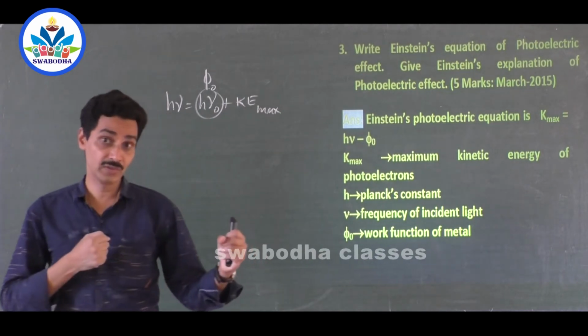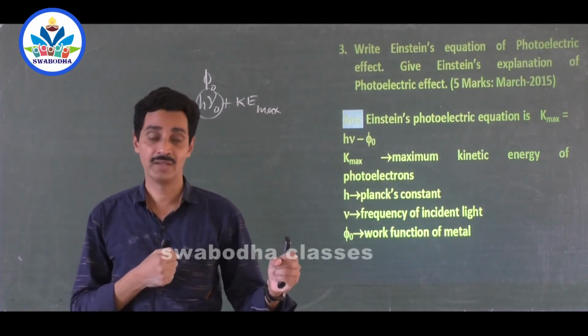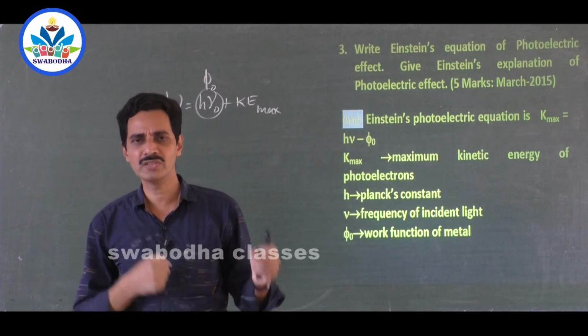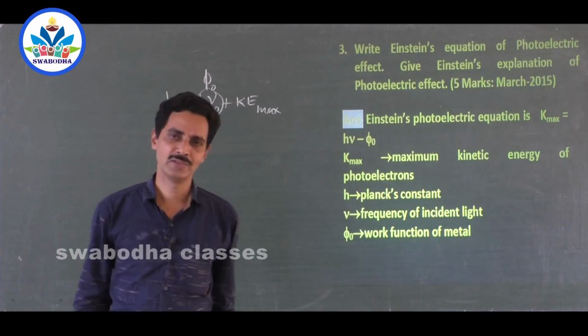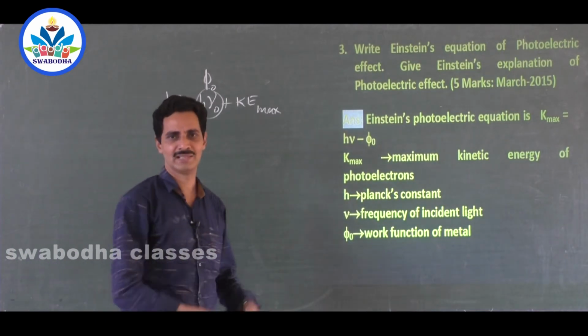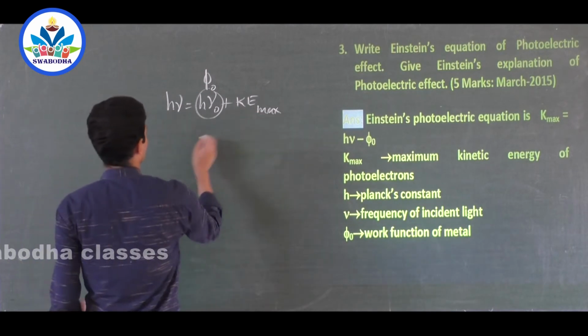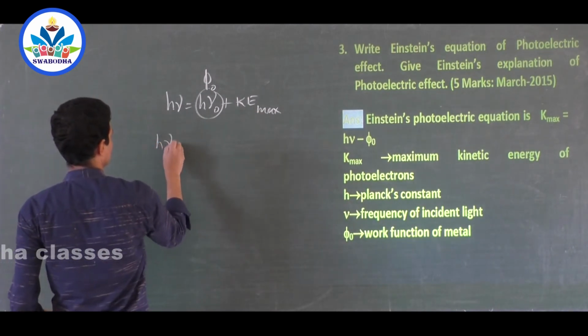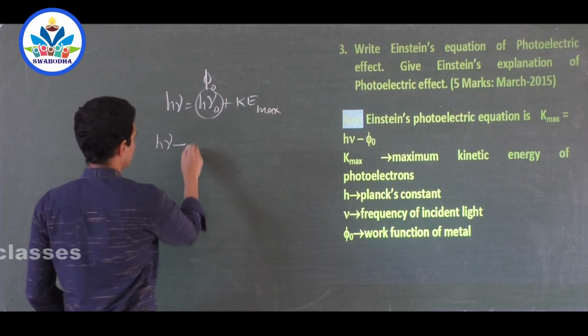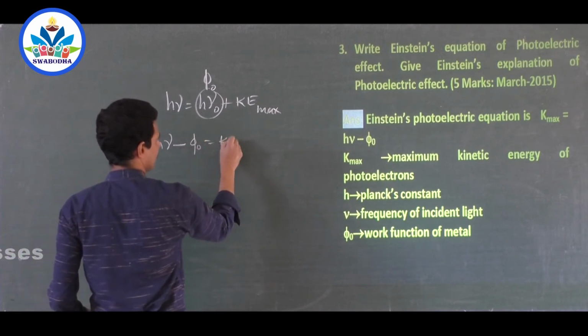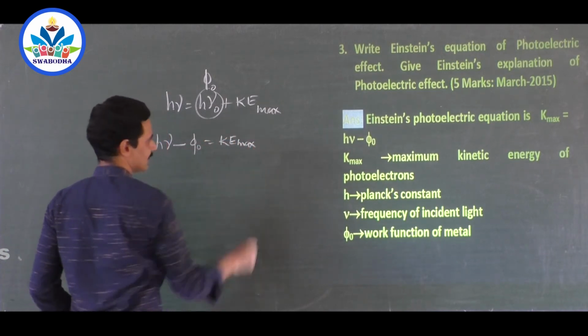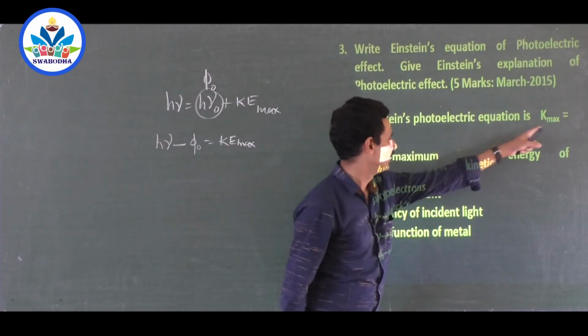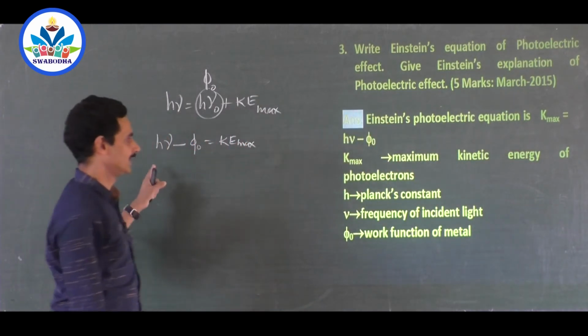We must get ready to stop that electron itself. Once you are able to remove that most energetic electron, there is no question of worrying about less energetic electrons. So h nu minus work function is equal to kinetic energy maximum, and that is the equation. Of course, this goes here. You have to just adjust it, but it is here, right?